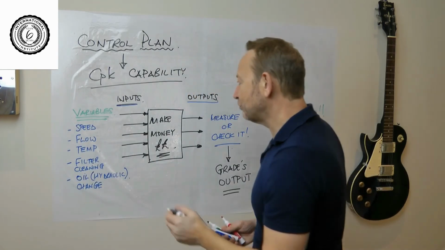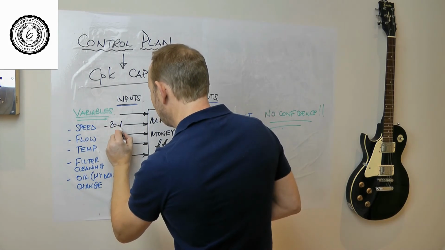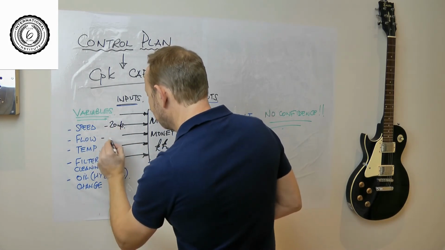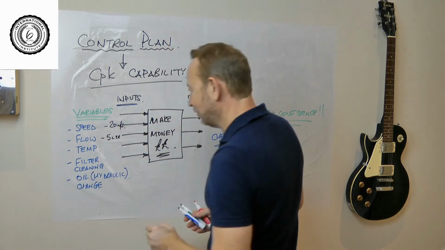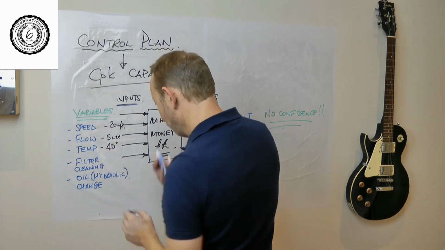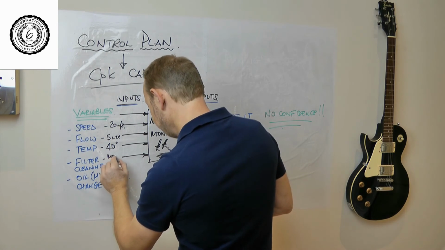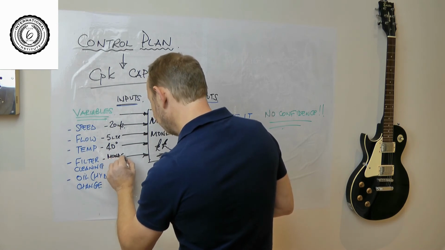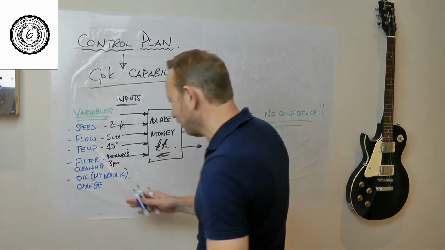So the rule could be, I don't know, the speed is going to be 20 meters per second. The flow is going to be 5 liters per minute. Temperature 40 degrees, filter cleaning Mondays 3 p.m., nice and specific.